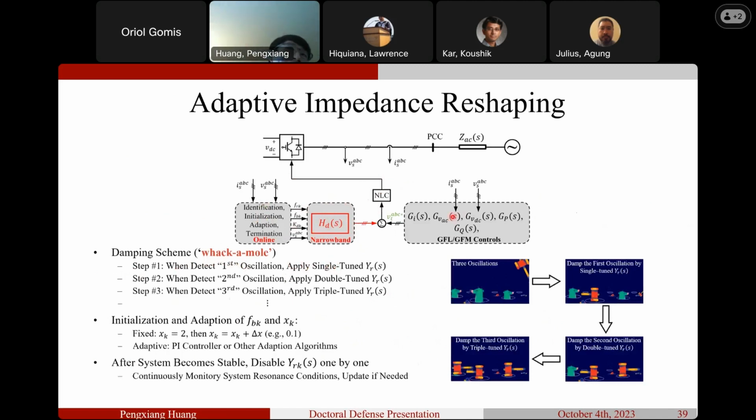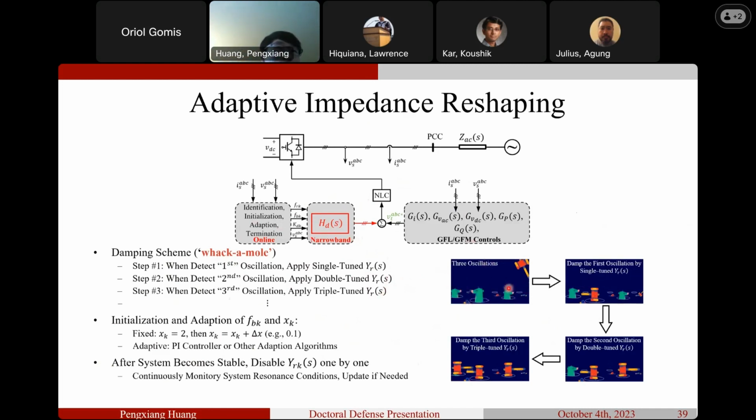The oscillation in the system is a mole, and you have multiple moles, meaning multiple oscillations, and the hammer is actually the multi-tuned or single-tuned YRS, the narrowband reshaping. If you play whack-a-mole, you have only one hammer, right? But here, I know I have multiple moles, so I don't want them to pop up. So I have to use multiple hammers, multi-tuned hammers.